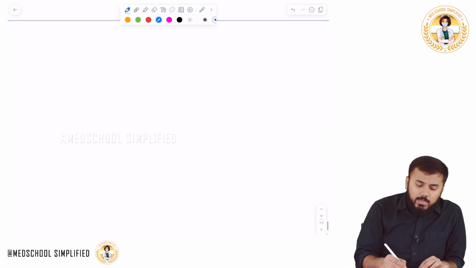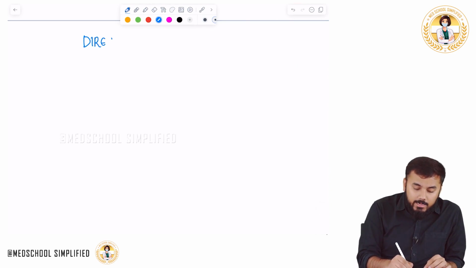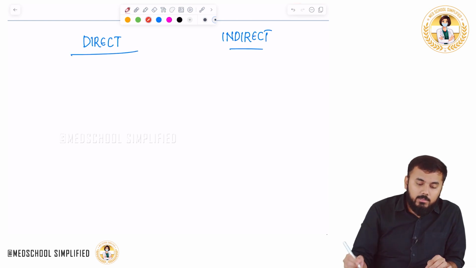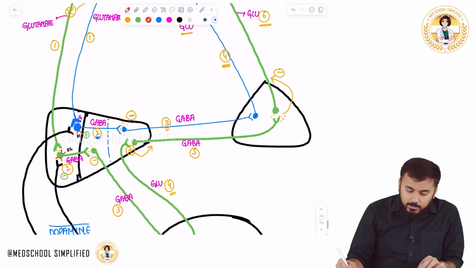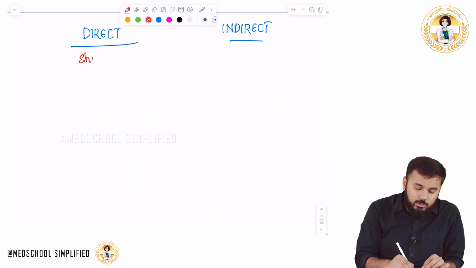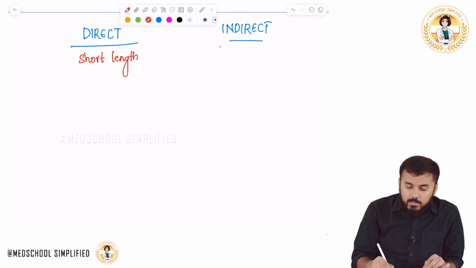So let us just have a quick recap of the direct pathway and indirect pathway differences. If you look at the picture, is the direct pathway short or is the indirect pathway short? Obviously, the direct pathway is the short length pathway, and the indirect pathway is a longer length pathway. Okay.